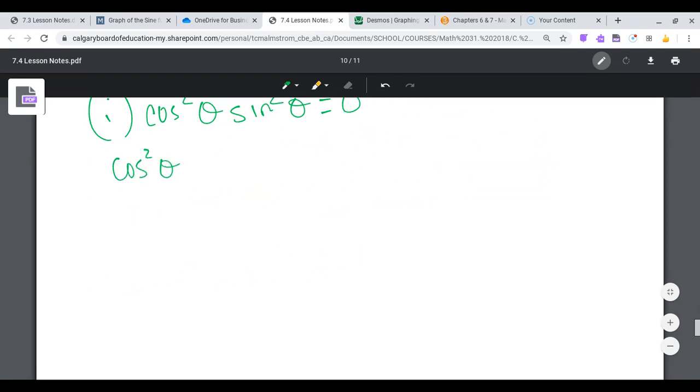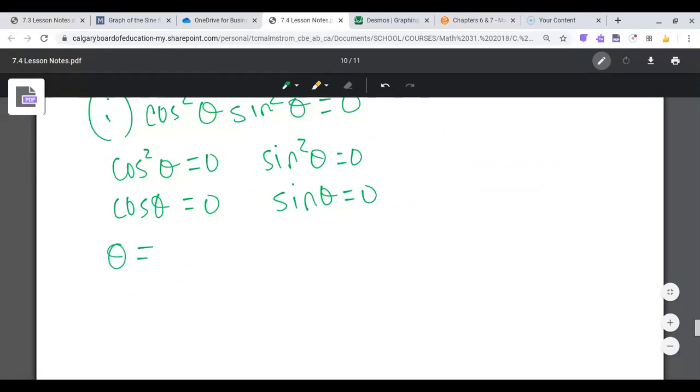So cos squared theta, when does that equal 0? Well, take the square root, you get 0. When does sine squared theta equal 0? Take the square root. When does sine theta equal 0? So we're going to our unit circle. Cos theta is equal to 0 on my y-axis, so pi on 2, 3 pi on 2.